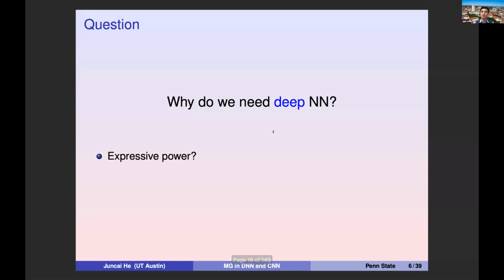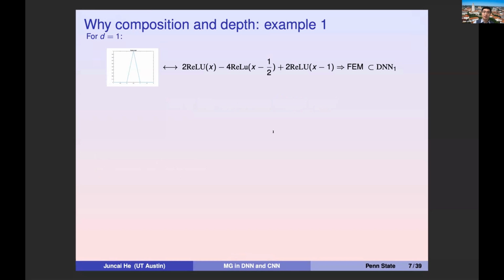Maybe it is some expressive power, just to do representation, or this is approximation power, where we can achieve some faster approximation. To start, let's go through some examples to explain why these steps really help to do representation or approximation.